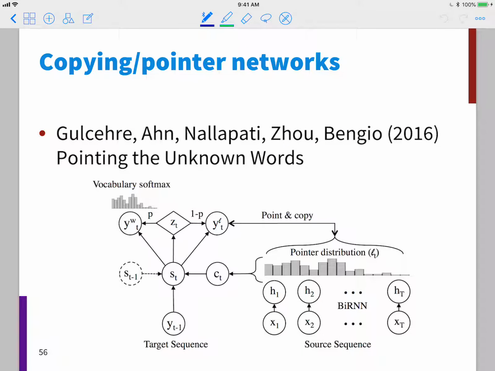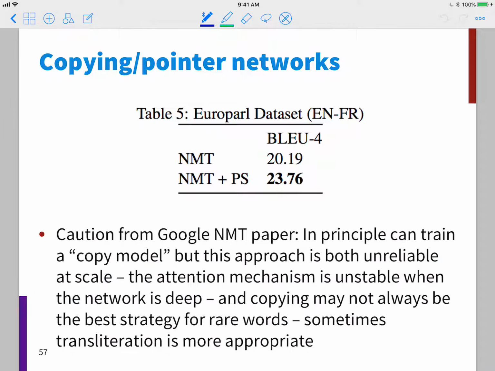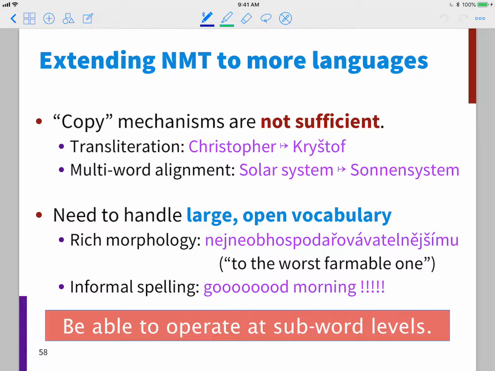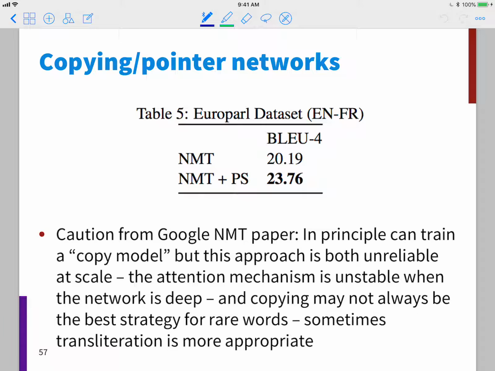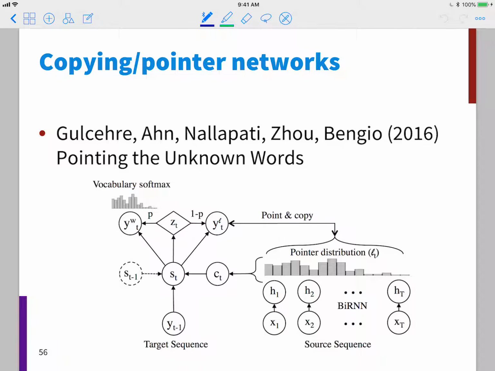And then also this kind of copy and pointer network. I'm not sure if it was explained at all in our lecture, but let me just briefly explain what this means. There is a model called CopyNet.